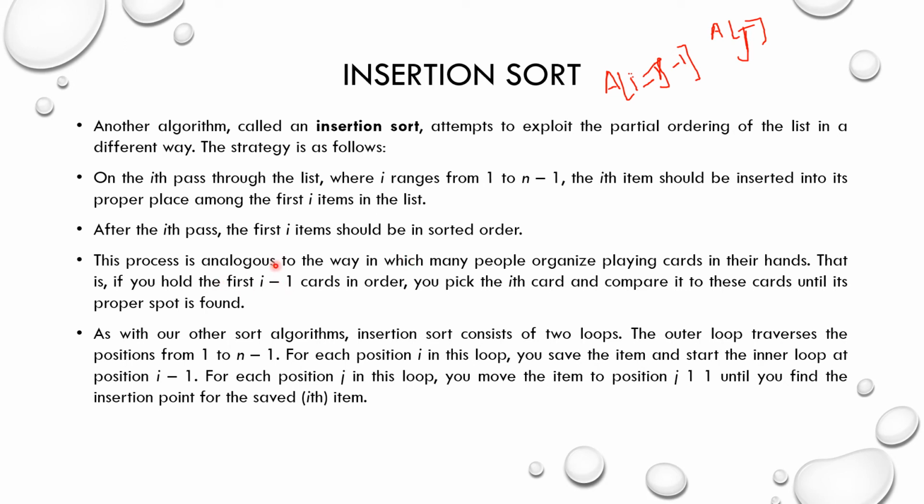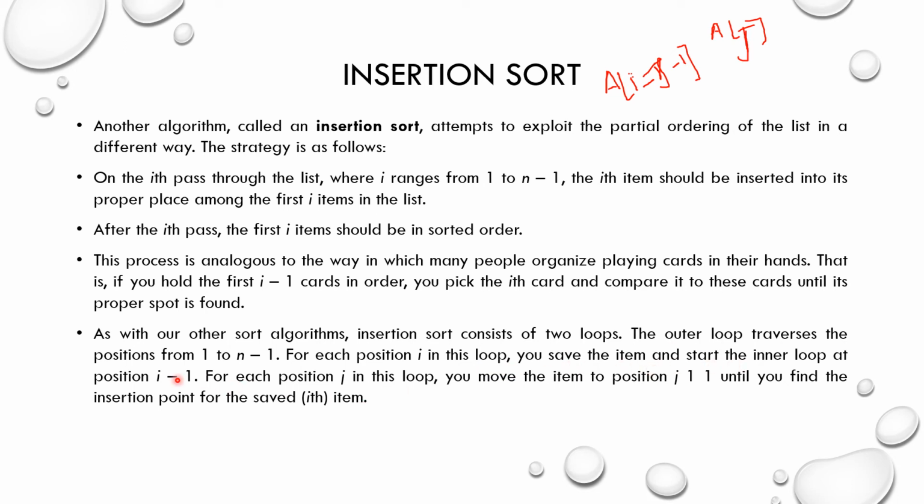This process is analogous to the way in which many people organize playing cards in their hands. If you hold the first i minus 1 cards in order, you pick the ith card and compare it to these cards until its proper spot is found. As with our other sort algorithms, insertion sort consists of two loops. The outer loop traverses the positions from 1 to n minus 1. For each position i in this loop, you save the item and start the inner loop at position i minus 1.